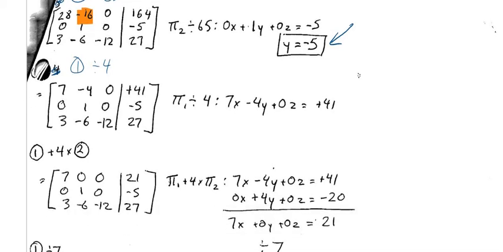So now that we're getting good with this, I'm going to skip a little step here, and we're going to take row 1, and we're going to subtract 4 times row 2, just because it's really simple as well. So what this is going to be is, we're going to add 4 times row 2.